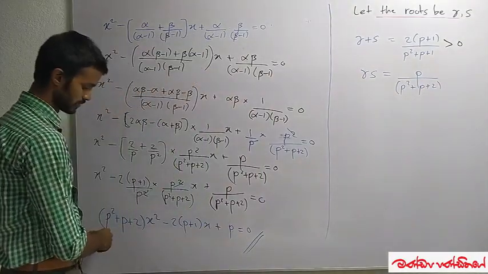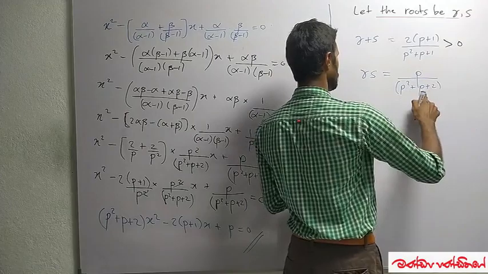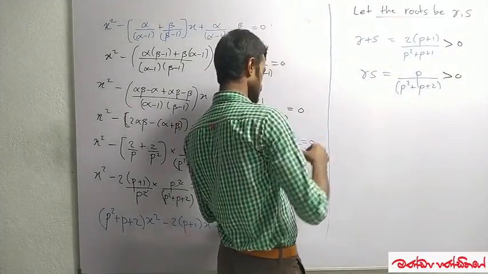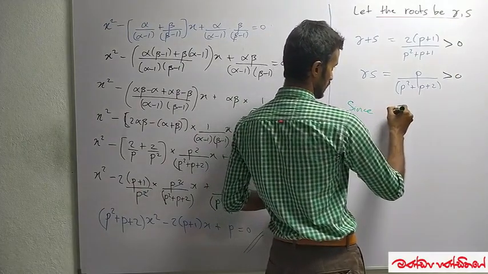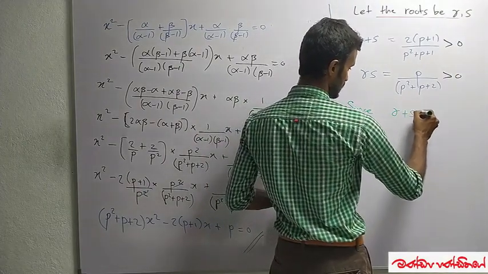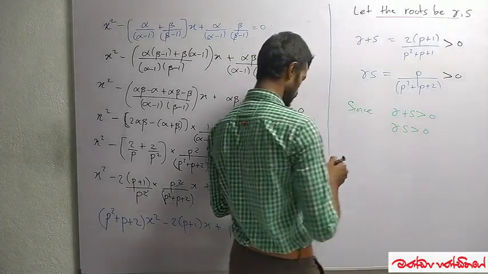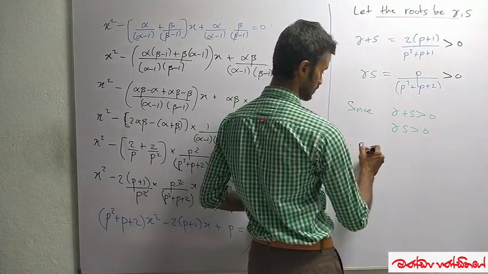Multiplication is p over p squared plus p plus 2, and it is clear p is positive, so this is positive. So I can write, since gamma plus delta is greater than 0 and gamma delta is greater than 0, therefore both roots are positive.